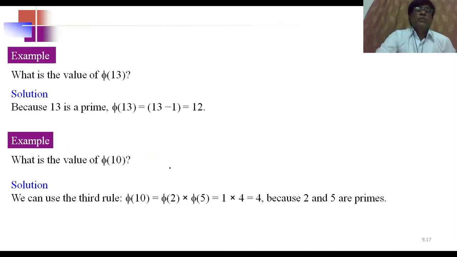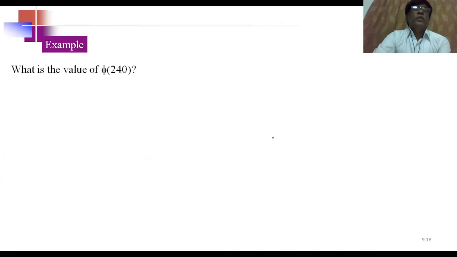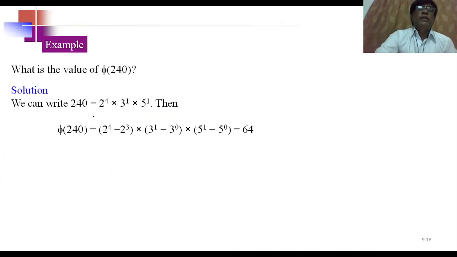What is the value of phi of 10? Phi of 10 means 10 can be written as 2 into 5, so phi of 2 into 5, that is phi of 2 into phi of 5. Both are primes, so 1 into 4 is equal to 4. And what is the phi of 240? Phi of 240 can be written as 2 power 4, 3 power 1, 5 power 1.